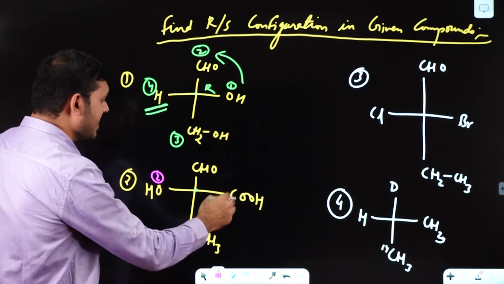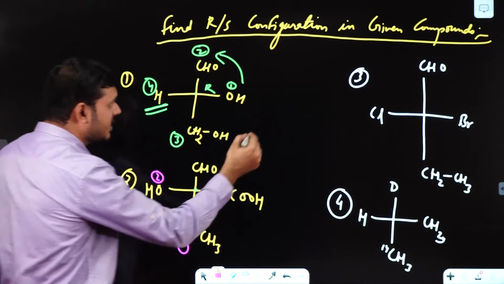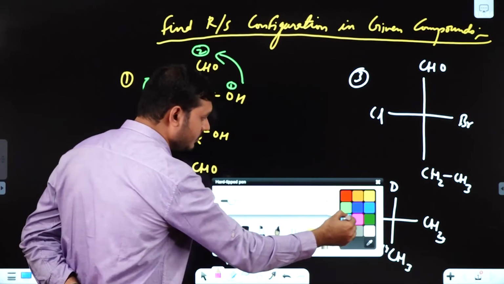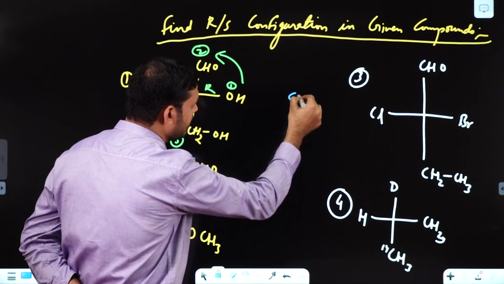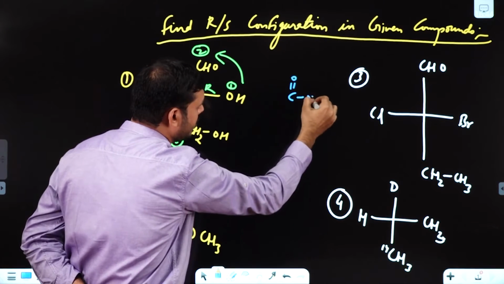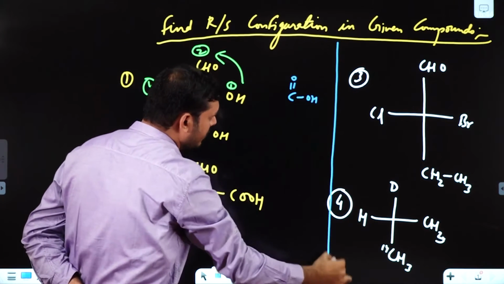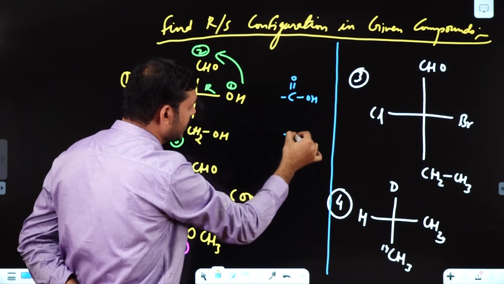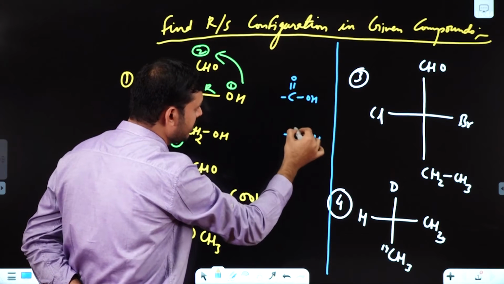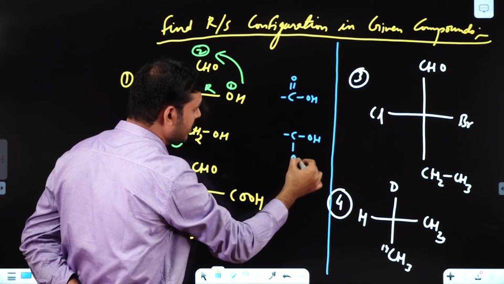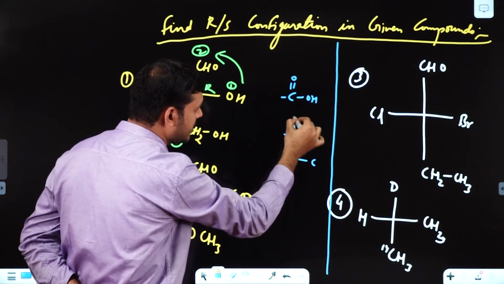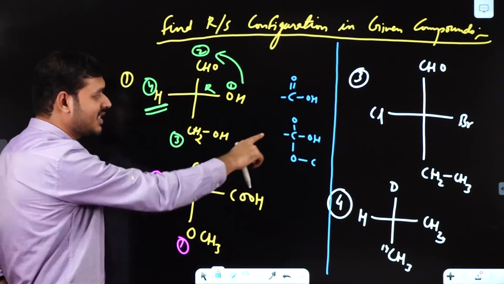If I see about COOH, then I can simply say here C double bond O, OH is similar to COH double bond O, means simply oxygen. This oxygen is connected with carbon and this carbon is connected with oxygen. See, this is hypothetical.